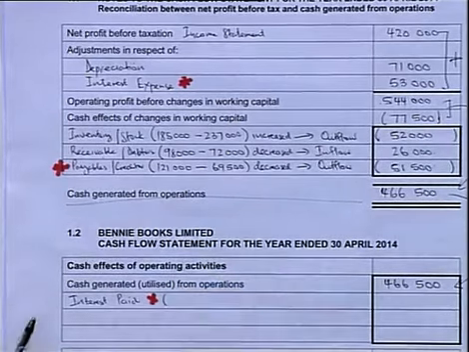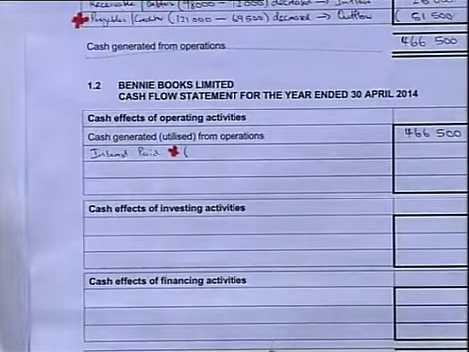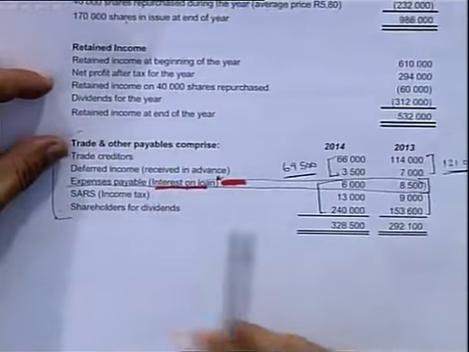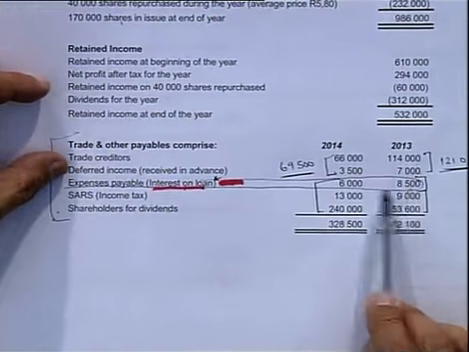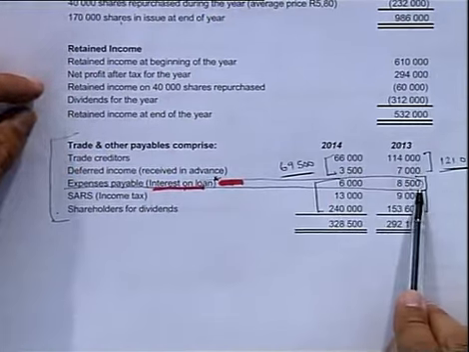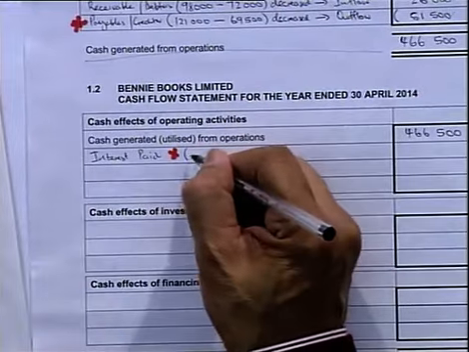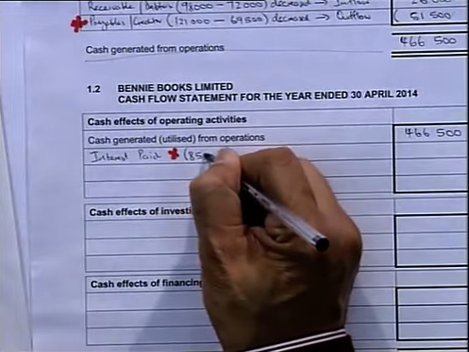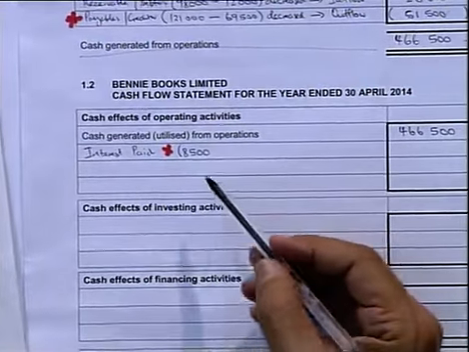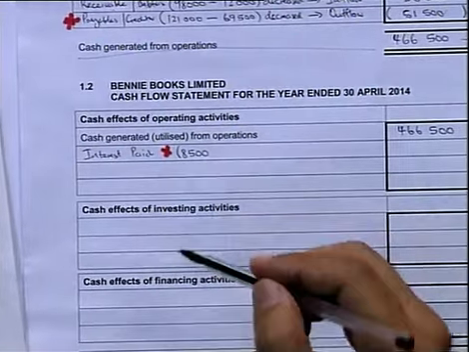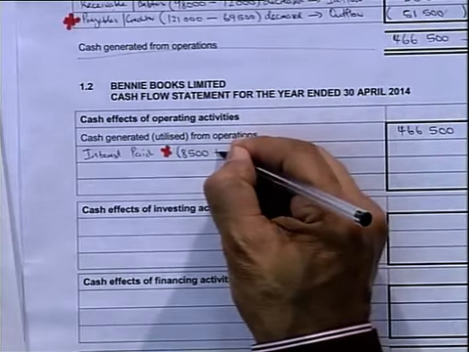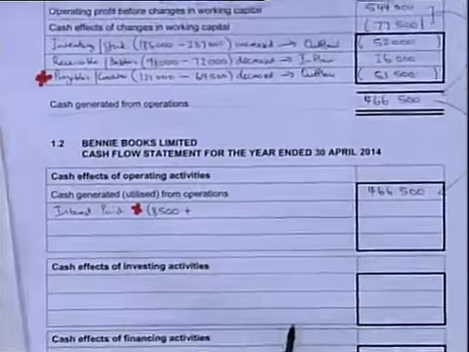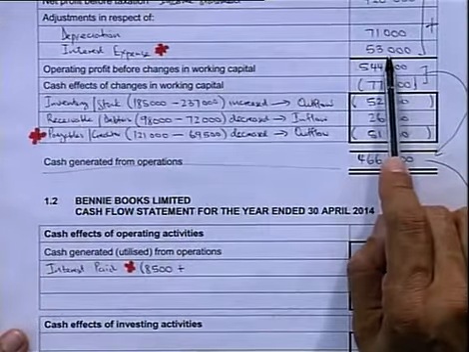So how do we start with the interest expense or the interest paid figure? We first of all have to see how much we still owe of last year. So we owe 8,500 of last year. That will be my starting point. Surely the 8,500 of last year I'm going to pay this year, together with whatever the interest expense amount is for this year.